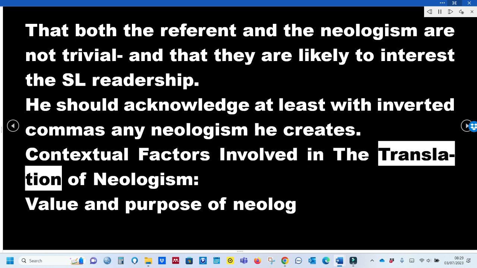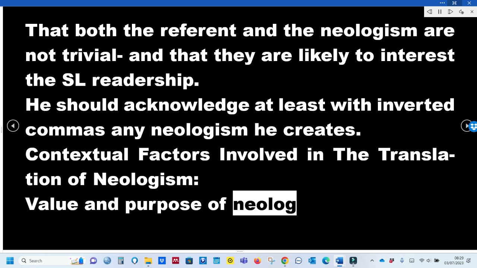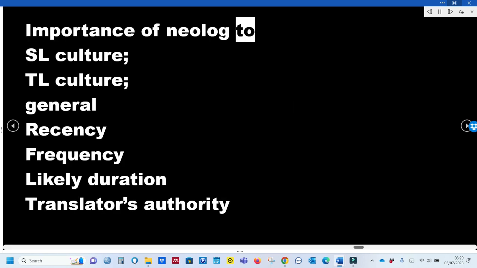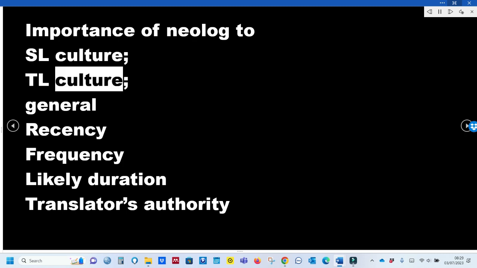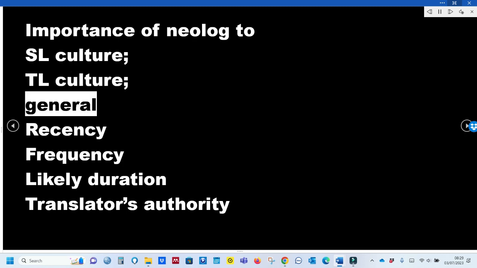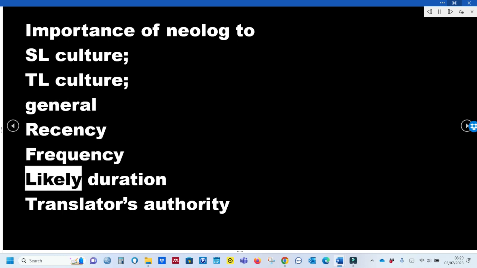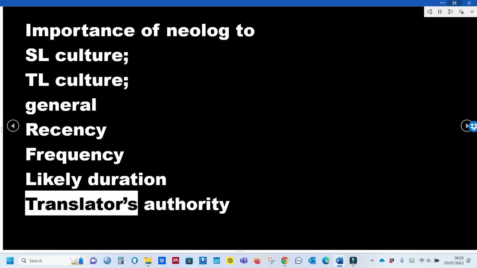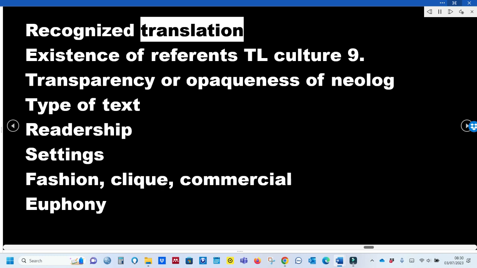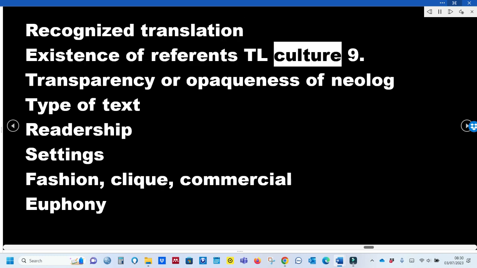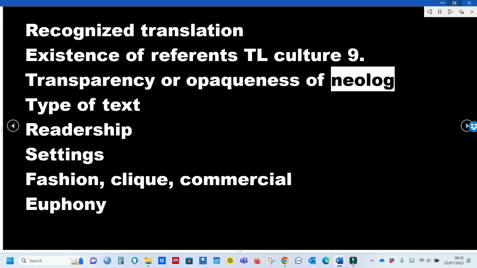Contextual factors involved in the translation of neologism. Value and purpose of neolog. Importance of neolog to SL culture, TL culture. General. Recency. Frequency. Likely duration. Translator's authority. Recognized translation. Existence of reference in TL culture. Transparency or opaqueness of neolog.